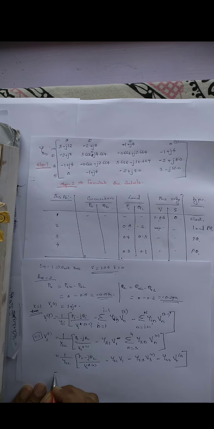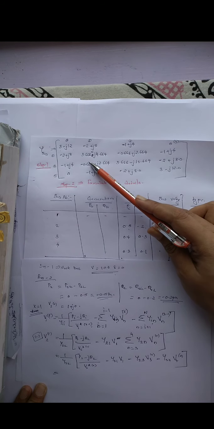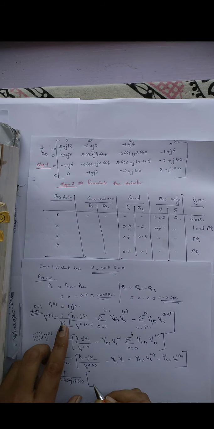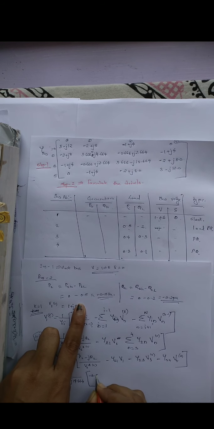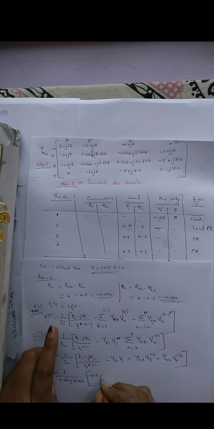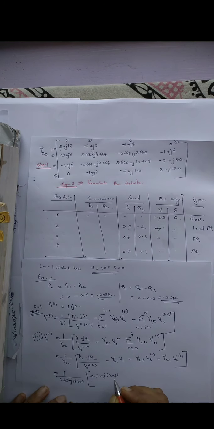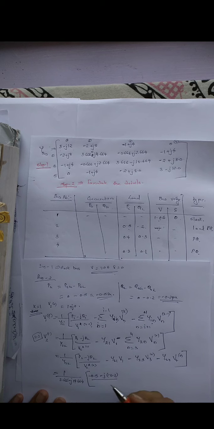I have to substitute the values. Y22 value is 3.66 minus j14.664, so 1 divided by 3.66 minus j14.664, into P2 value which is minus 0.5, minus j into Q2 value which is minus 0.2, divided by V2 conjugate.